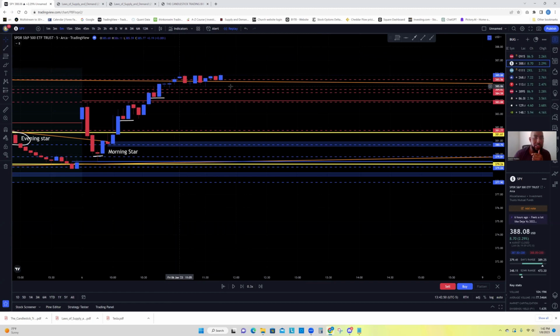Would this be accumulation or distribution? Distribution. Why you say distribution? What are we expecting when it's in a distribution zone or if it's consolidating? We expect the market to do what? Come down, right? Accumulation means we expect the market to go up, all right?